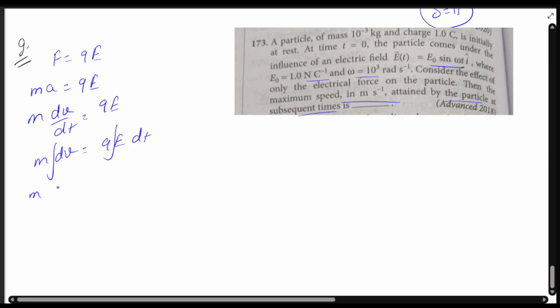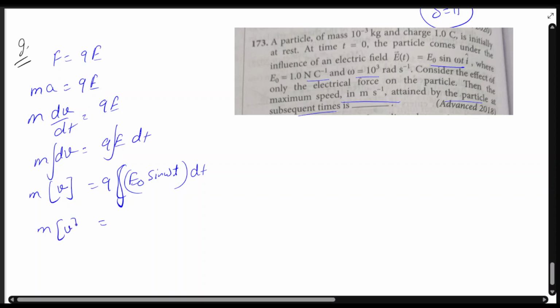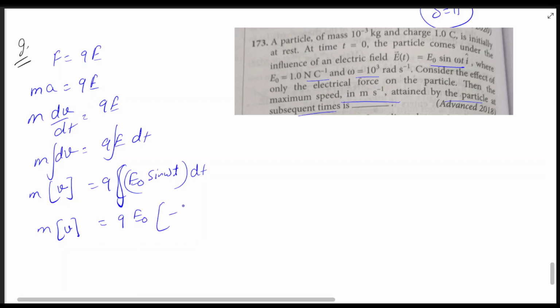So let's write m dV equals Q E dt. Now E will be E naught sine omega t, into dt. So if we integrate Q E naught, it will be minus cos omega t divided by omega, right? With limits: at t equal to 0, velocity is 0. It is starting from rest at some point, right?